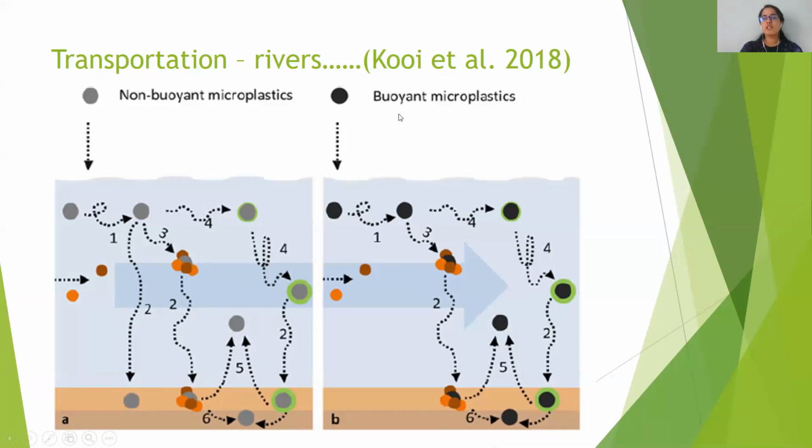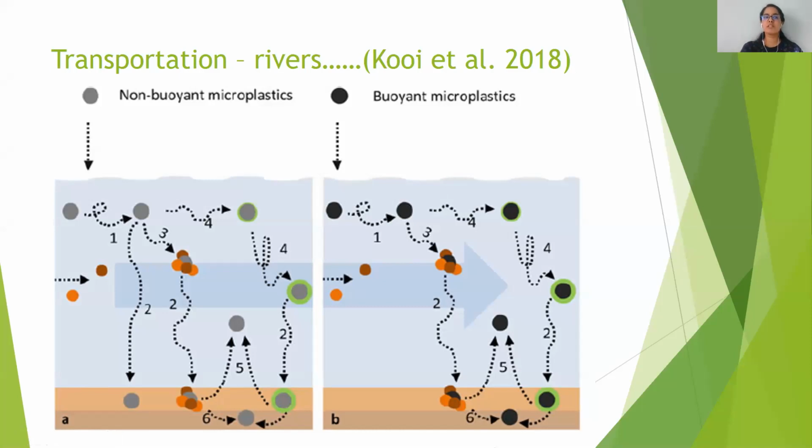Sorry, that's non-buoyant, and then you've got your buoyant ones. So you've got your turbulent process, but obviously it's buoyant, so it's not going to settle. It needs other particles to attach to it to make it heavier, and then it settles down. And then you've got biofouling as well, burial, and resuspension again.